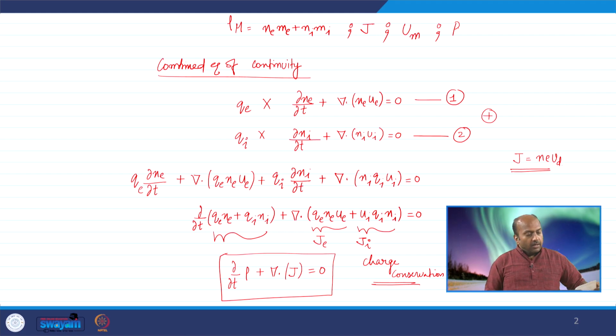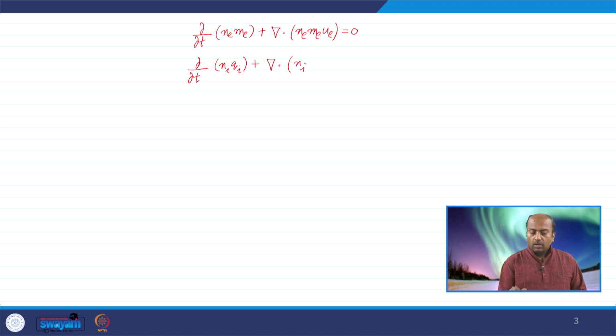We can also obtain mass conservation starting from equations 1 and 2 itself, but this time instead of multiplying with the respective charges of electrons and ions, we multiply equations number 1 and 2 with the mass of electron and mass of ion, and then add these two equations. We should be getting the same type of equation.